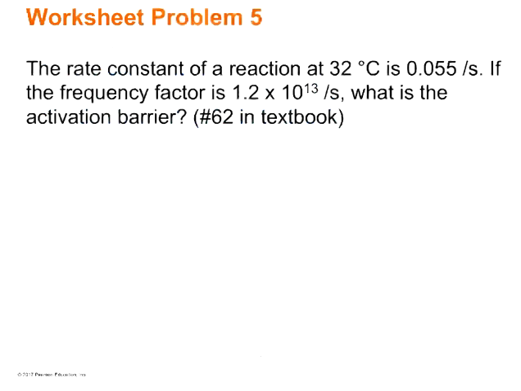So for this problem, the easiest form of the equation to use is probably this one, where the natural log of K is equal to negative EA over R times 1 over T plus the natural log of the frequency factor A. We don't want to use the two-point form because we don't have two sets of data here.